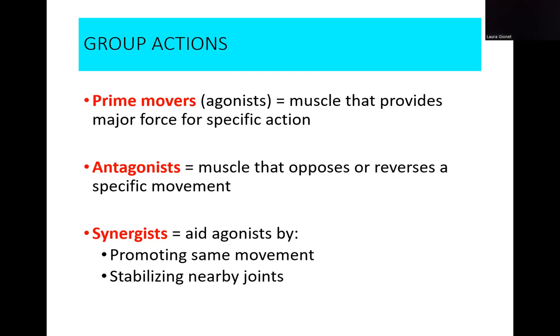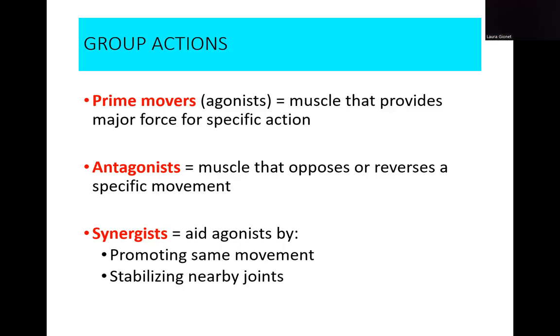So an example of a synergist in your biceps curl, a biceps brachii contraction, would be the brachialis, which is on the lateral aspect and on the medial aspect of the humerus, and the muscles, especially those around your shoulder.